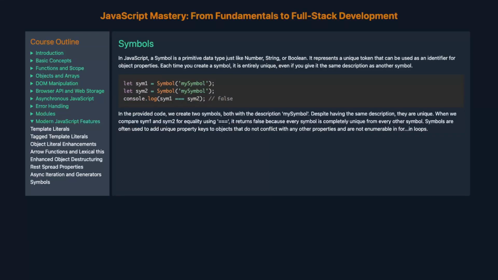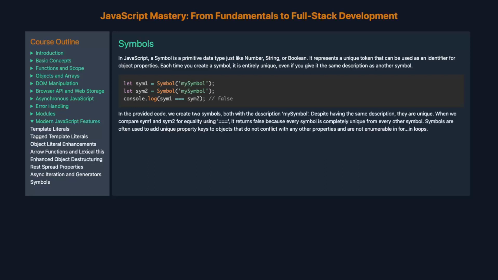Symbols. In JavaScript, a symbol is a primitive data type, just like number, string, or Boolean. It represents a unique token that can be used as an identifier for object properties. Each time you create a symbol, it is entirely unique, even if you give it the same description as another symbol. In the provided code, we create two symbols, both with the description mySymbol.